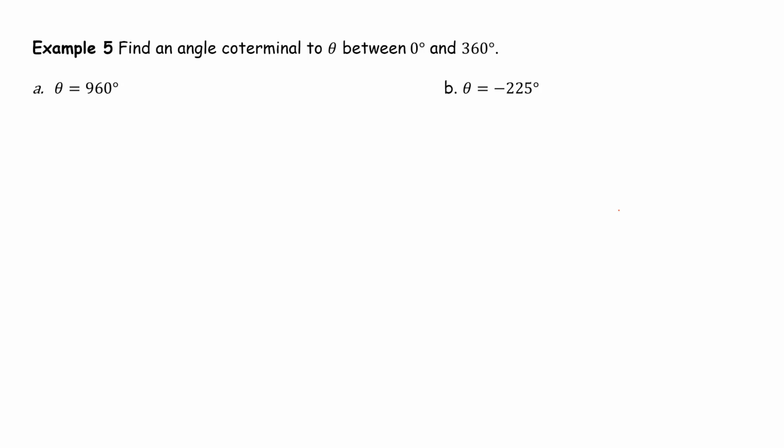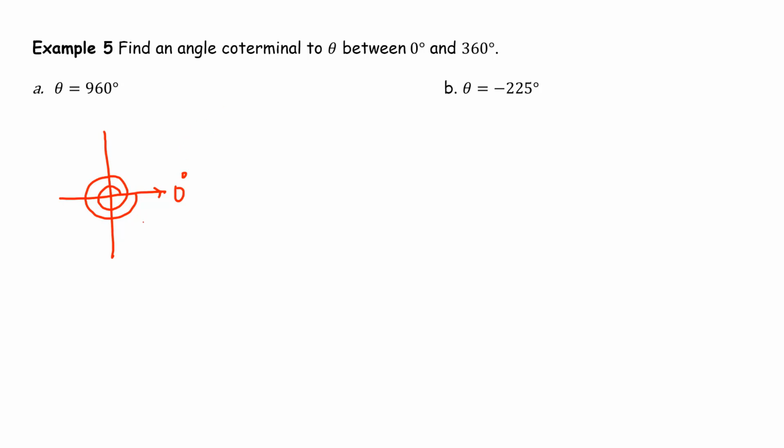So we've got theta equals 960 degrees. So we want to find an angle between 0 and 360 that is coterminal with that angle. Now, if we look at what's happening on the circle here, if we're starting here at 0 degrees and we spin 960 degrees in the positive direction, which is counterclockwise, then we're going 360 and then another 360, which would be 720.